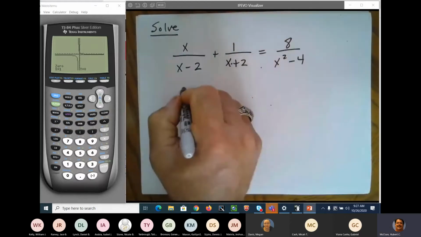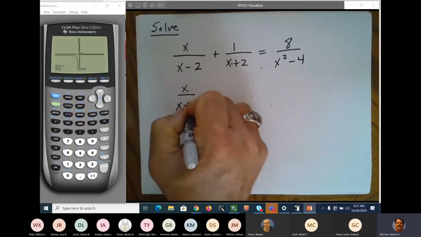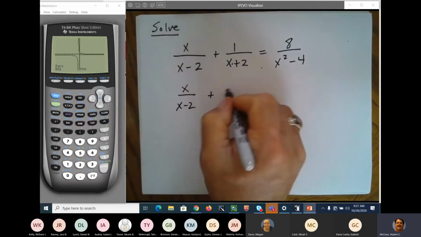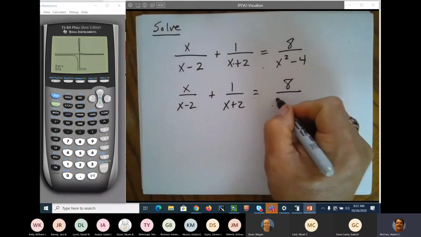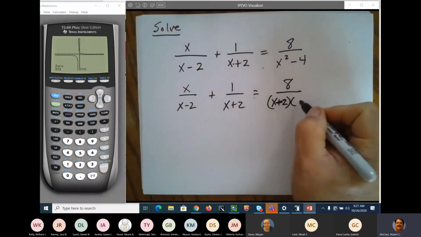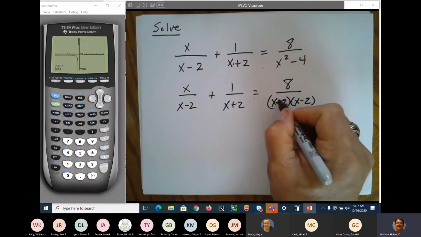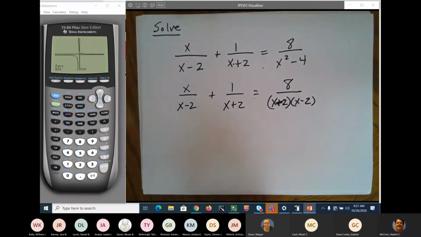So I could rewrite this and say x over x minus 2 plus 1 over x plus 2 equals 8 over x plus 2 times x minus 2. I'll just make that a plus. Okay?